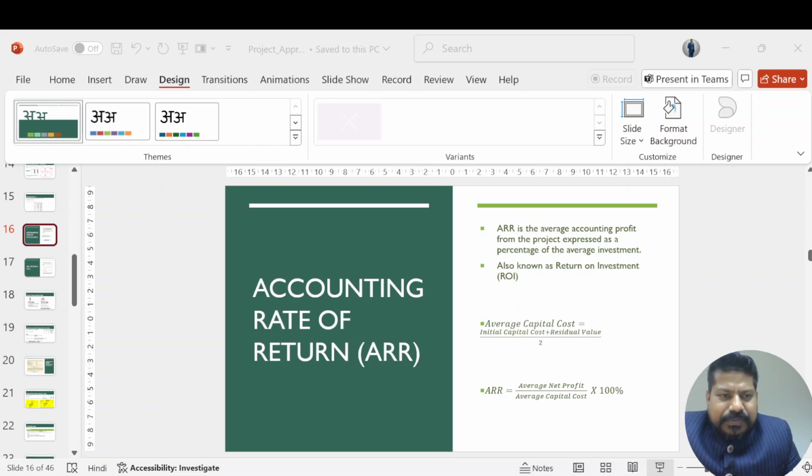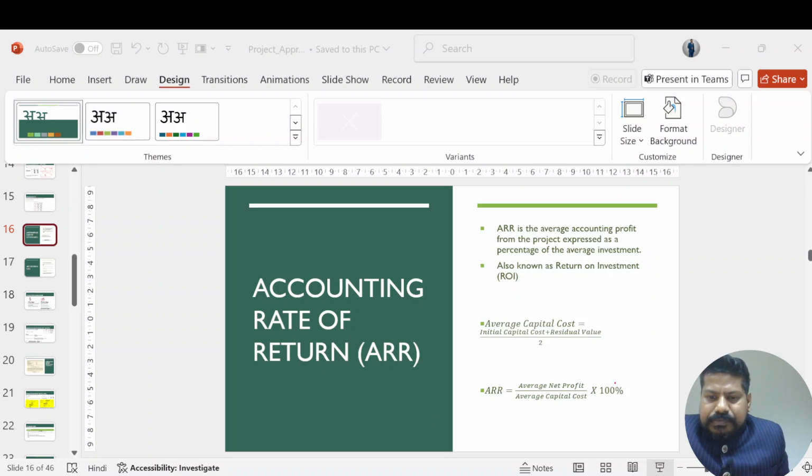Advantages, I think we have discussed this. ARR advantages and disadvantages: very simple to understand and easy to calculate. Considers the profits of the project earned over the life of the project, allows comparing projects which require different amounts of initial capital investment. However, there are certain disadvantages: no generally accepted definition, profits rather than cash flow.